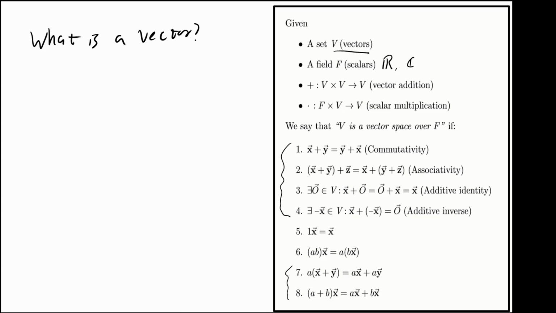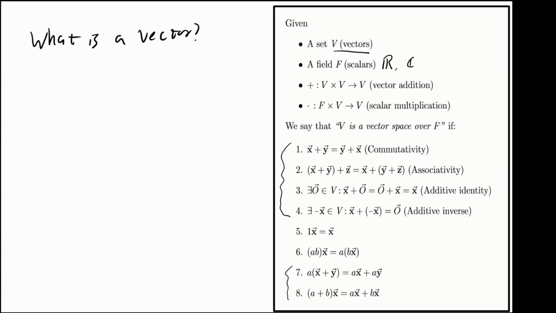Similarly, if I change the definition of addition, the negative of a vector, the additive inverse, would probably be different as well. If I was to change V, the field that I'm using, the definition of addition or the definition of scalar multiplication, it's going to give me a different vector space.